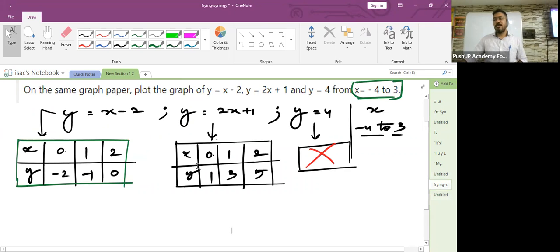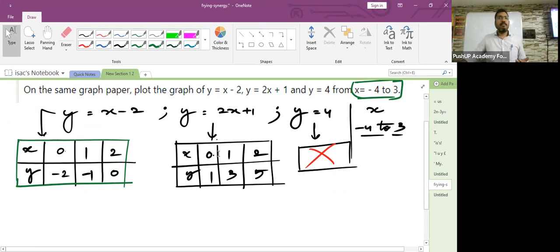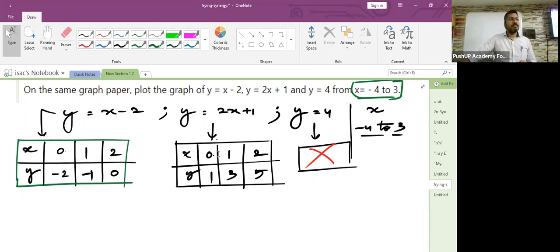Now it's high time to change your graph paper. Okay, it's looking like the Mumbai rail network. Seriously, man. Are you all getting a right angle triangle?